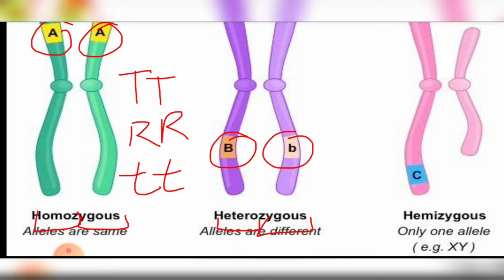An individual developed from such a zygote is called heterozygous. But in hemizygous, if an individual contains only one gene of a pair, then the individual is said to be hemizygous. For example, a male individual is always hemizygous for sex-linked genes. Here you can see this example.